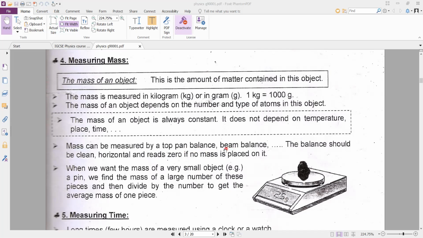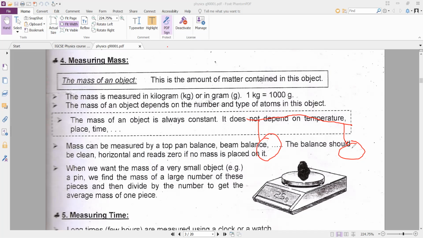And there is another one, the beam balance. You know what a beam is? You can see the beam. It's like a rod. One side has a plate and the other side has another plate.